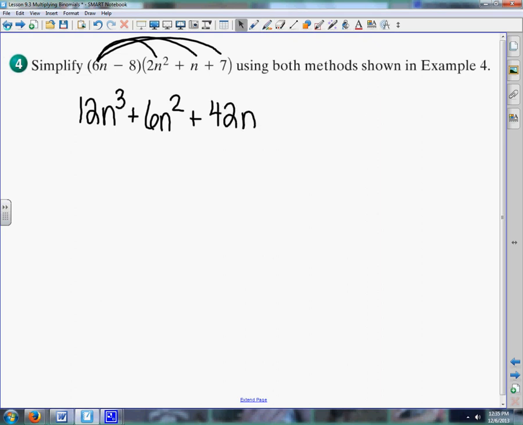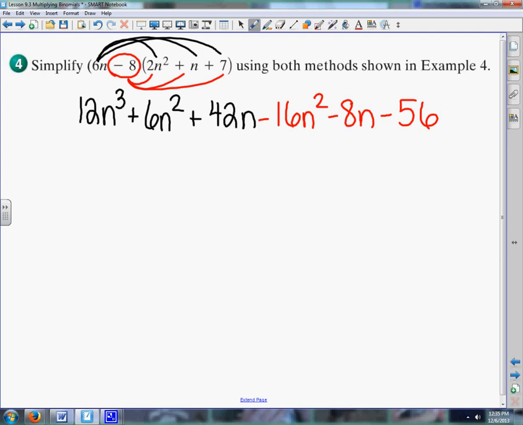And then I'm going to do negative 8. Remember, this is negative 8 when you're doing this problem. So negative 8 times 2n squared is negative 16n squared. Negative 8 times n is negative 8n. And negative 8 times 7 is negative 56.